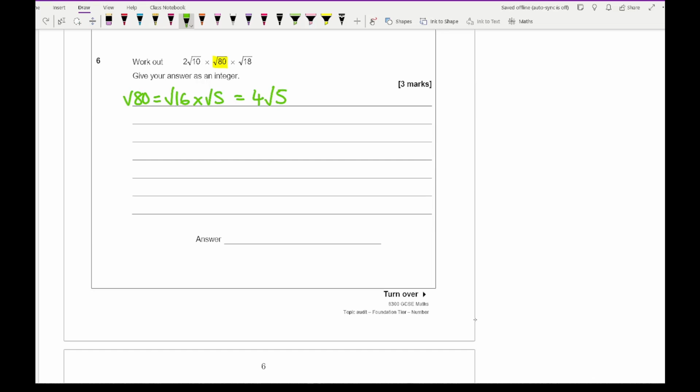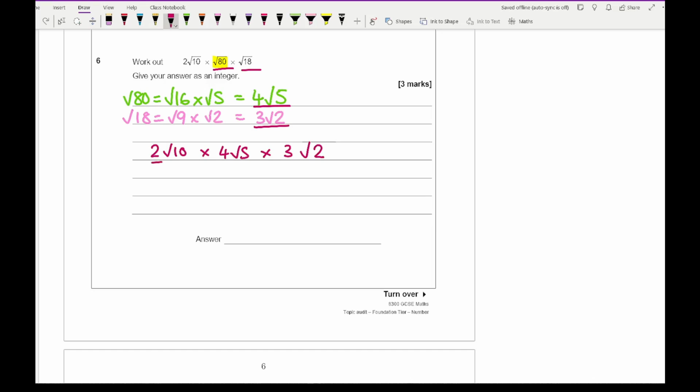Then with root 18, well, that can be written as root 9 times root 2, and root 9 is 3, so that can be written as 3 root 2. So then taking these three things and replacing it with these two things, we get 2 root 10 multiplied by 4 root 5 multiplied by 3 root 2.